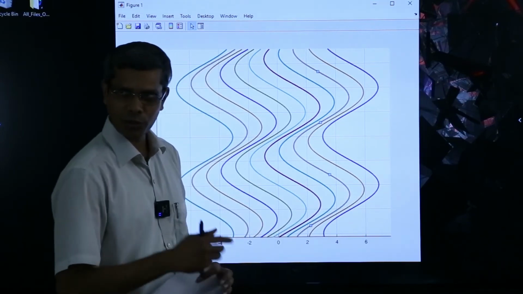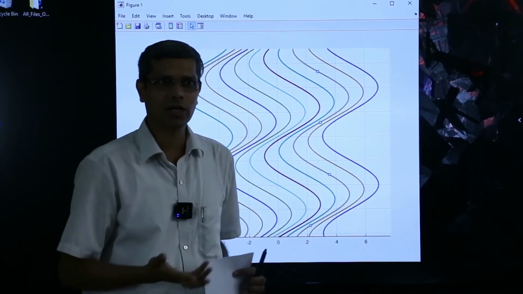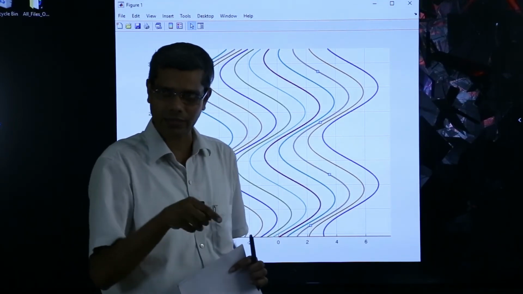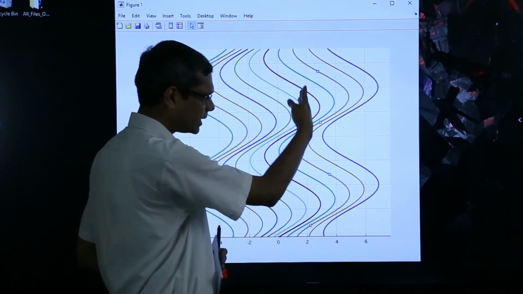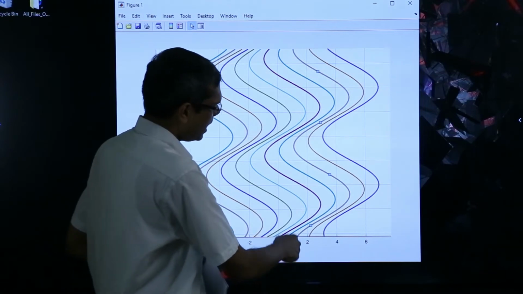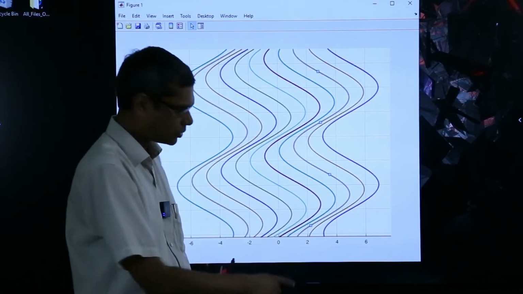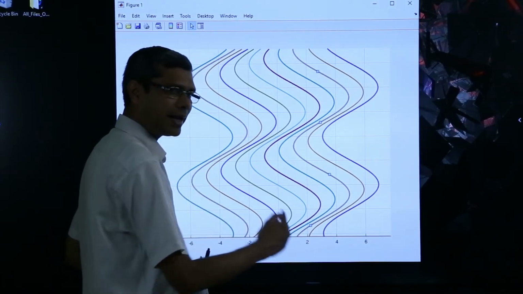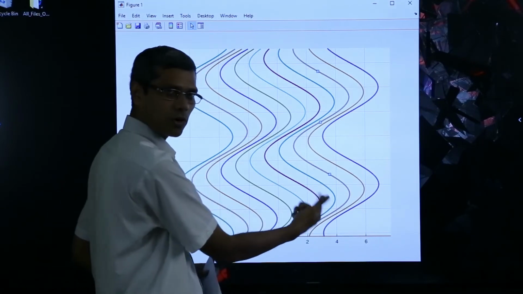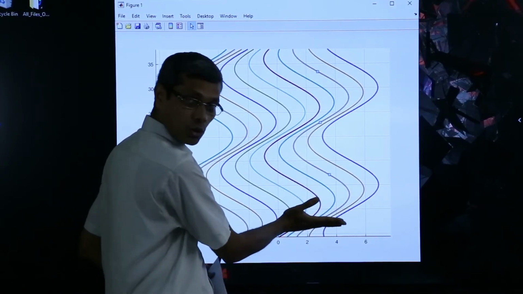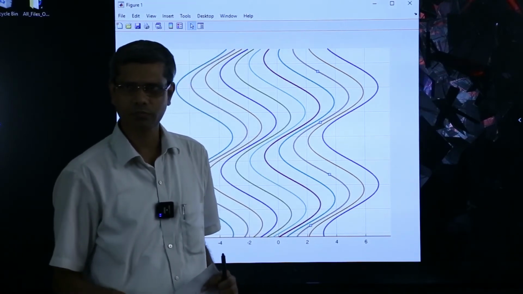That means at 1.2 seconds the slope of particle 2 is the velocity at x equal to 2, because we are looking at this point. So at every location, at different times, we are asking which curve we need to follow, and we look at the slope and call that the velocity.